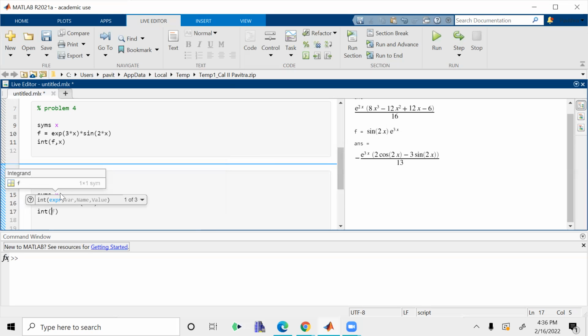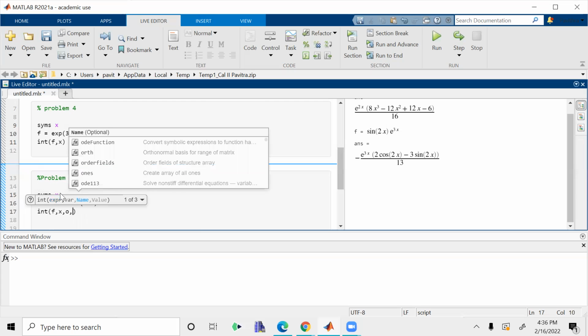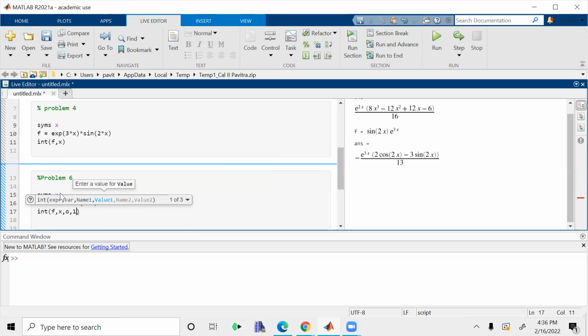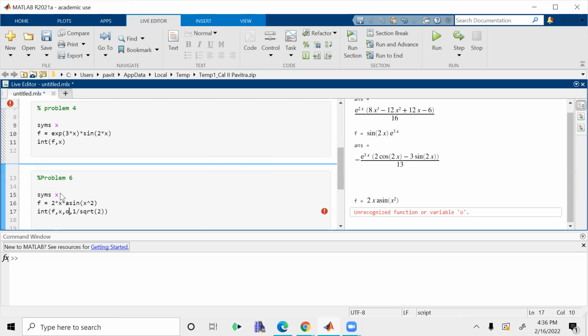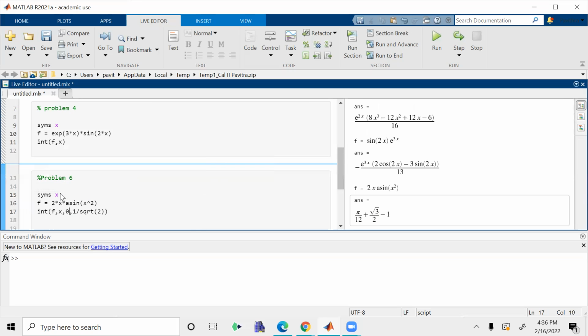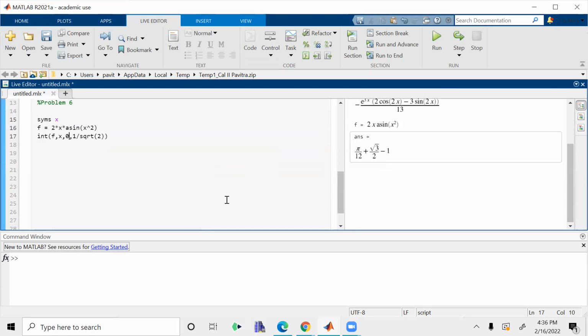And the int function is f with respect to x, and then you give a lower bound. So lower bound is 0, comma upper bound, which is 1 divided by square root of 2. Okay, control enter. This is 0, I just gave it as 4. Okay, so this is how you have to do it in Matlab as well.